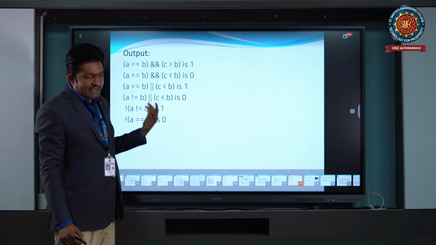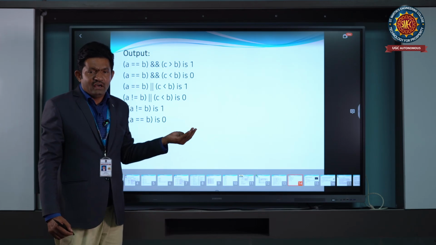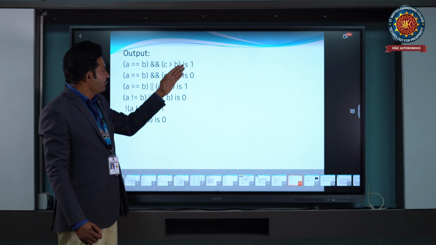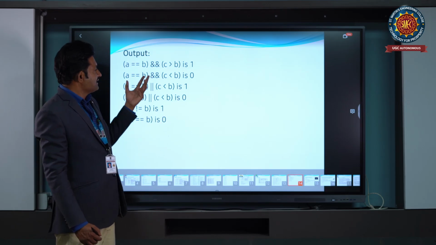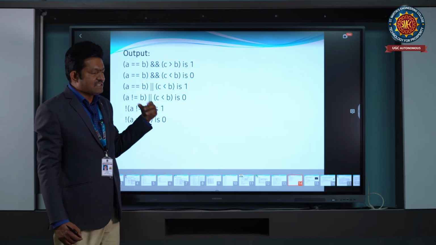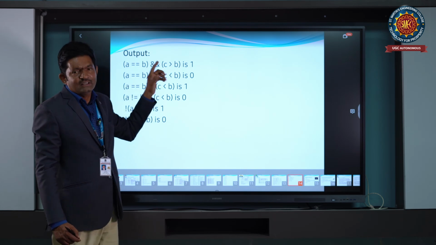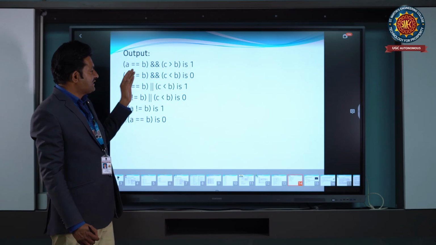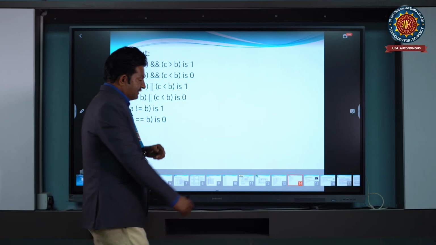When we execute it in different editors, Turbo C or Dev C++, the expected output is 1 0 1 0 1 0, because logical operators give logical 1 or logical 0, that is true or false values. If the expression result is true, it prints 1, or else it prints 0.